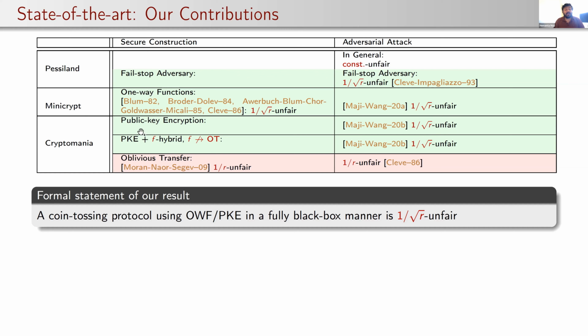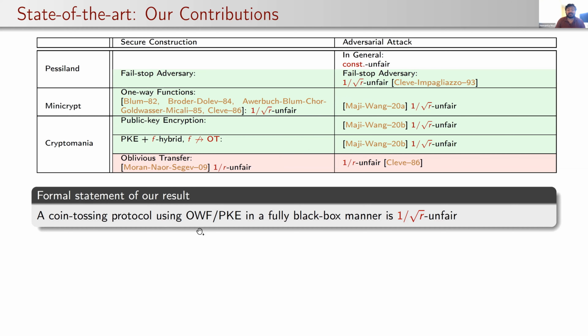We even extend this to more powerful hybrids where f is a function that does not enable oblivious transfer. Even in that hybrid, we can show that every coin tossing protocol is 1 by square root r unfair. Any questions at this point? So note, in particular, we have shown that in Minicrypt, these protocols from 1980s are qualitatively optimal.